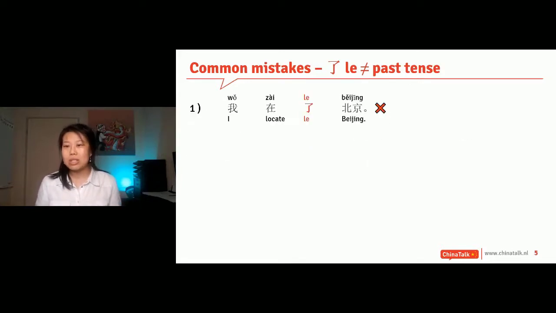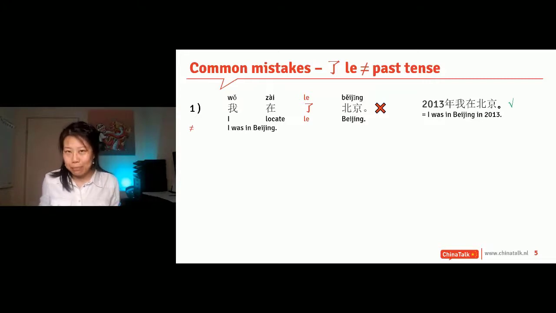Now, the first one we said in the beginning, 我在了北京. 我在北京 means I'm in Beijing, but 我在了北京 is not I was in Beijing. So maybe your question is, then how do you express the past? If you put a time, 2013 我在北京, it already indicates it happened in the past.